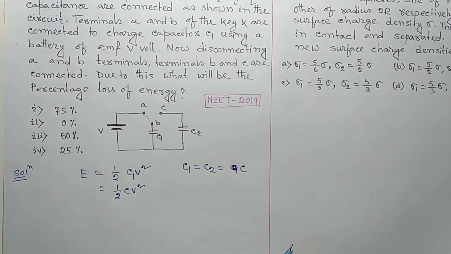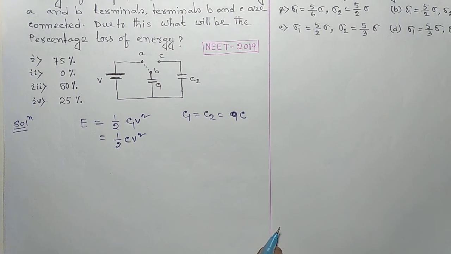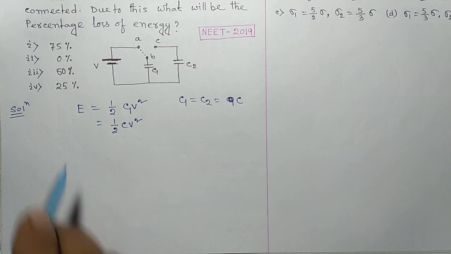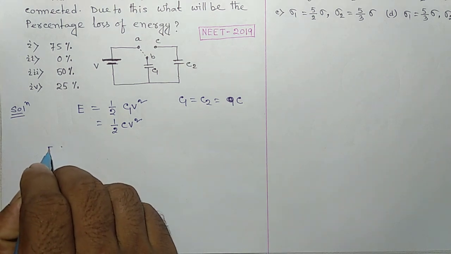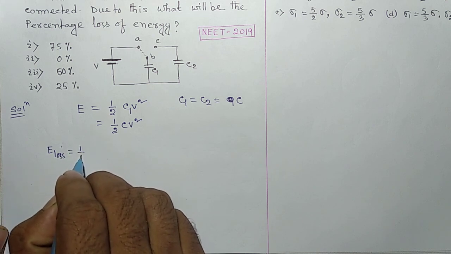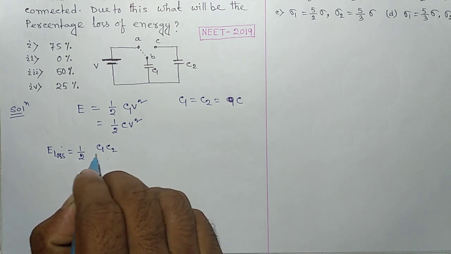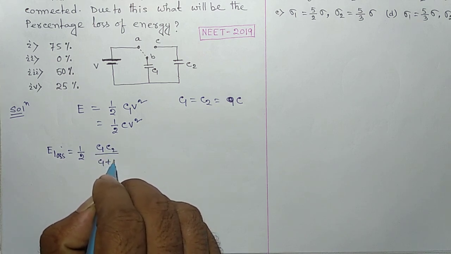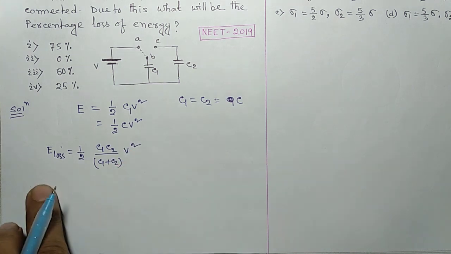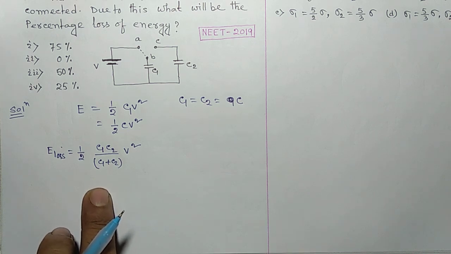Now we know the formula for loss of energy. The formula for loss of energy, E loss, is equal to half C1 C2 by C1 plus C2 into V square. The derivation of that formula is available in my playlist.